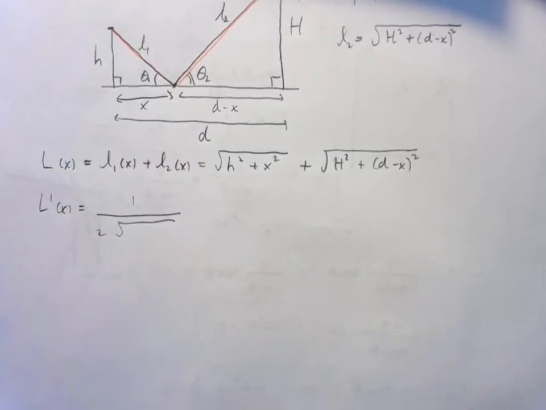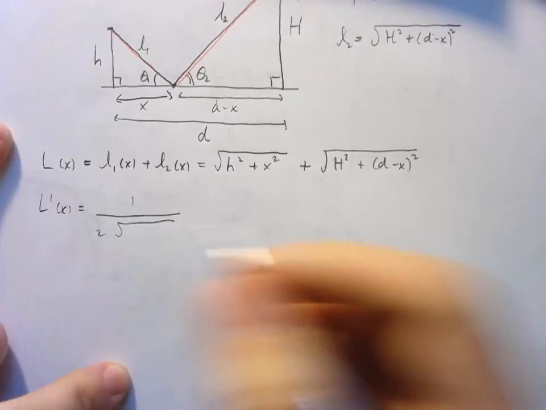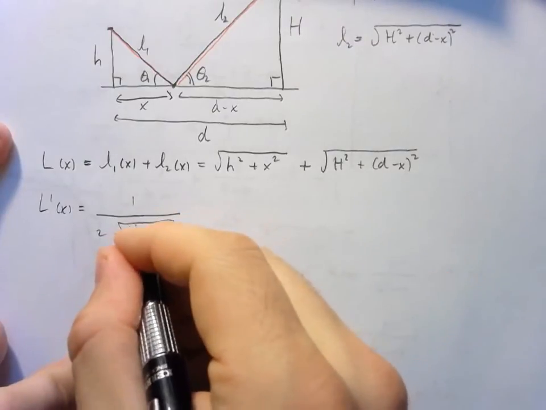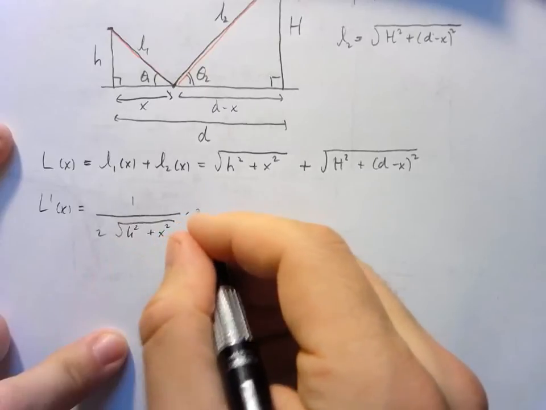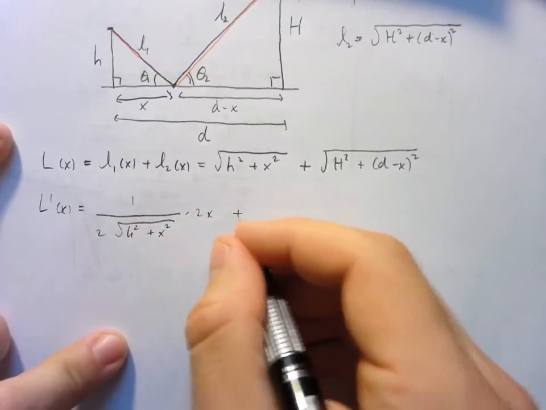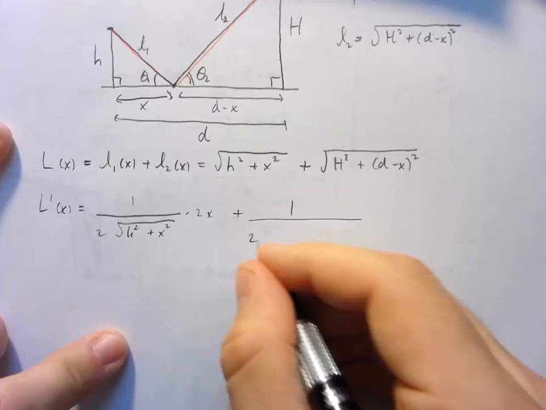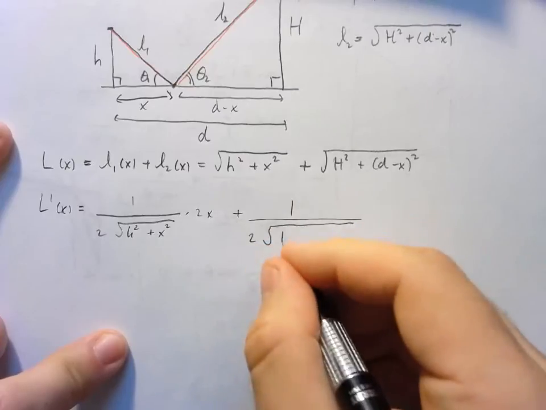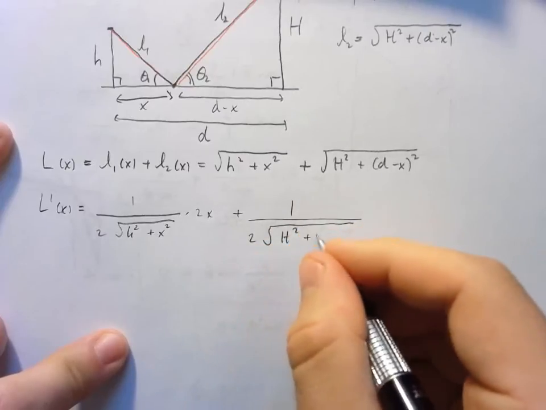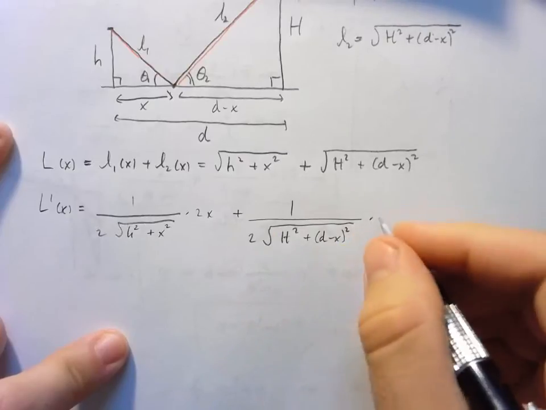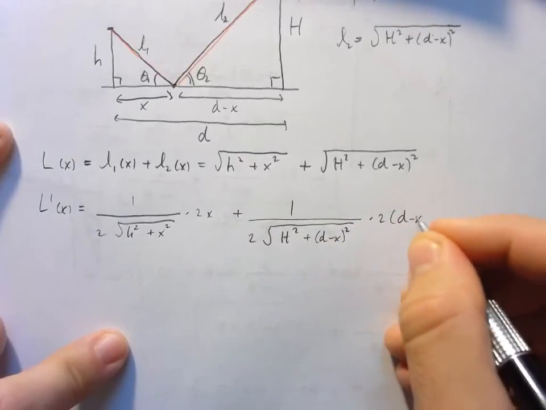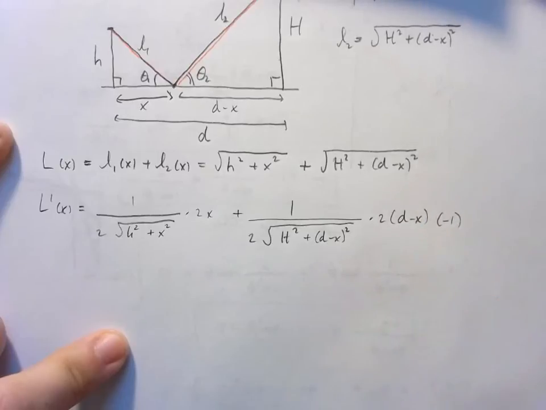Twice the root of h squared plus x squared times 2x from the chain rule, plus 1 over twice the root of the bigger term times 2 times d minus x times negative 1.